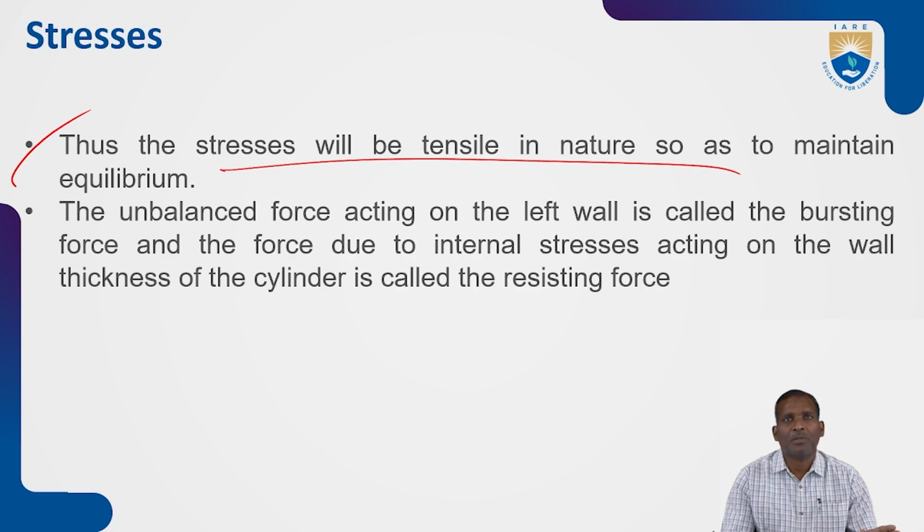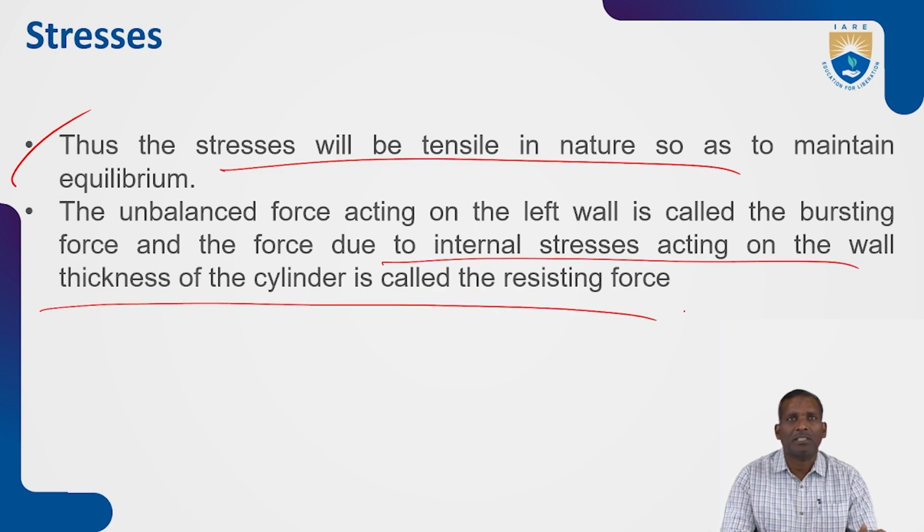The unbalanced force acting on the left wall is called the bursting force, and the force due to internal stresses acting on the wall thickness of the cylinder is called the resisting force. The stresses will be tensile in nature.